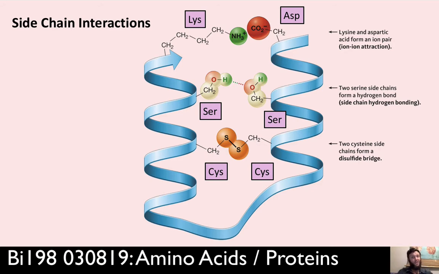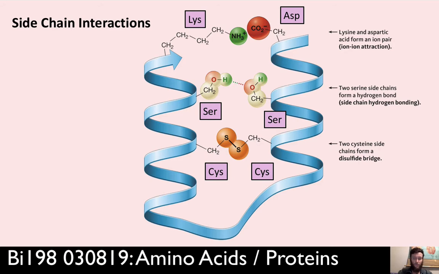There are some other forces besides just standard hydrophobic and hydrophilic interactions with the solvent. There are side chain interactions that can happen. We can have ion-ion interactions between oppositely charged amino acids. We know opposite charges attract. You can have hydrogen bonding interactions. Here, the second one down is two serine molecules that are hydrogen bonded to one another, and that helps hold the protein together and gives it its three-dimensional tertiary structure.